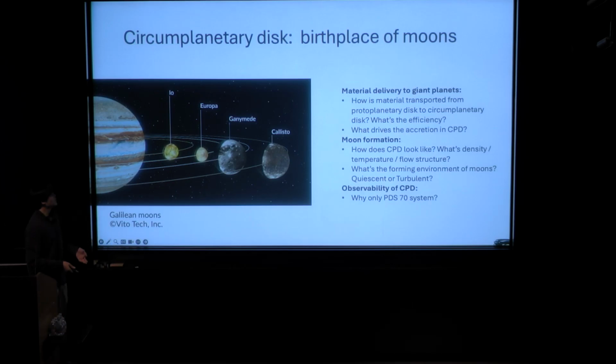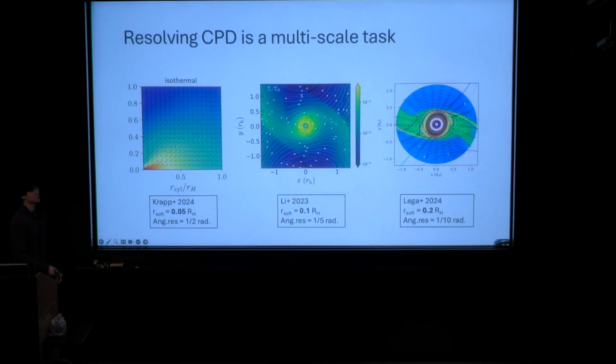What is the observability of circumplanetary disks? To answer all these questions, we need to go one step further beyond the previous planet gap-opening simulations, that is, to resolve the CPD in global simulations. But resolving the CPD in global simulations is numerically challenging due to the large scale separation.